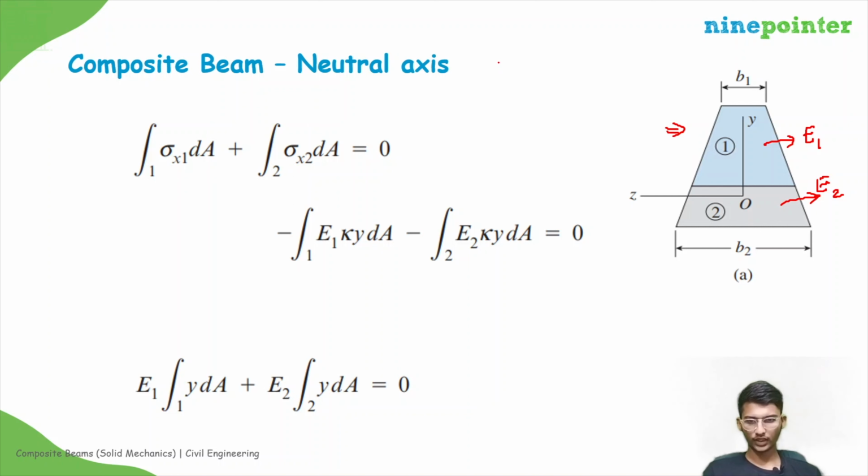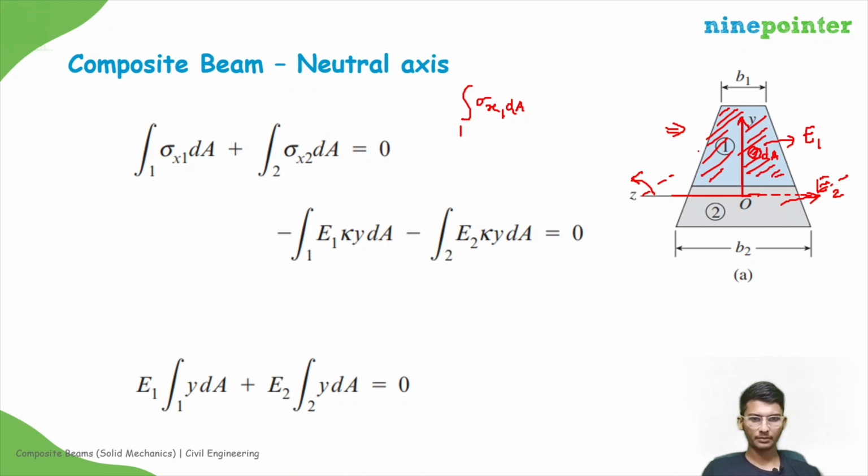Suppose this is the neutral axis, the neutral surface axis, and this is the y axis. If we take a small element of area dA, there will be sigma x1 into dA, integrated over material 1, which gives the net force on material 1.